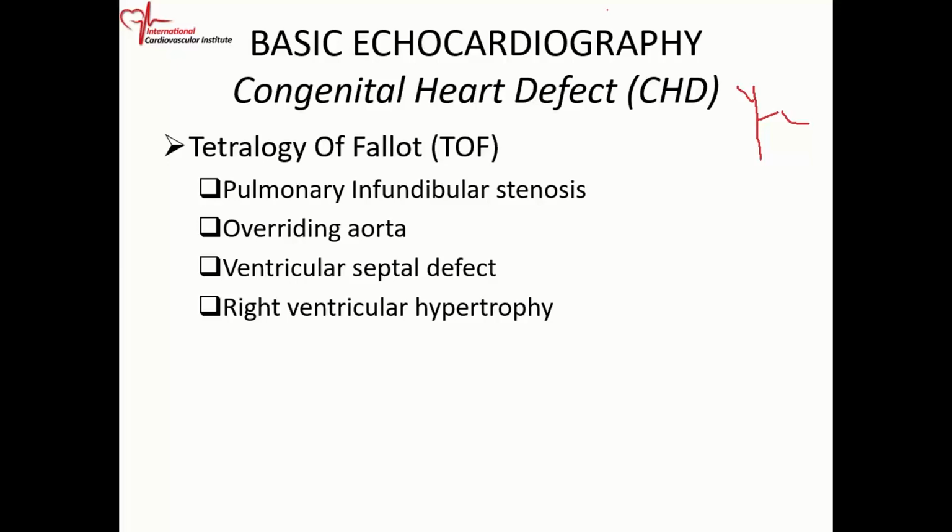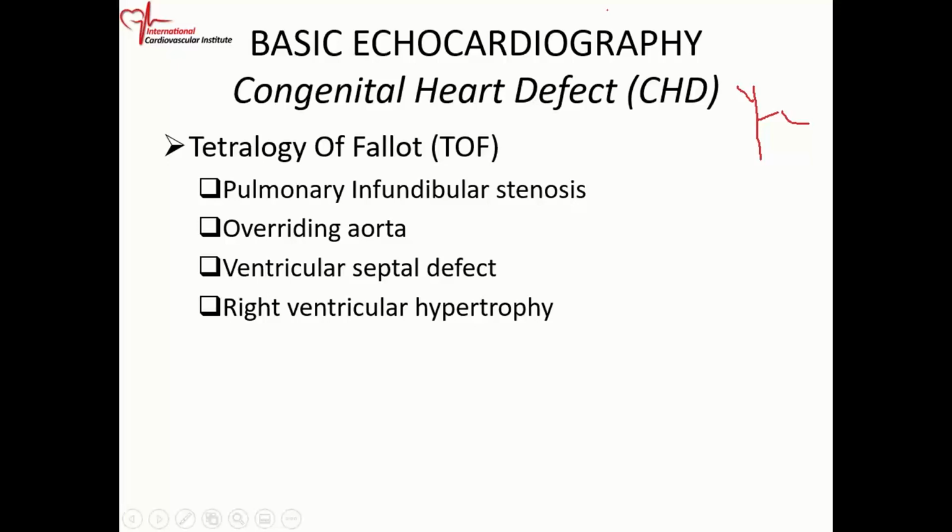So what is tetralogy of Fallot? Tetra means 4, okay? And, you know, some people talk about the pentalogy of Fallot, but you'll see mainly tetralogy of Fallot. So there's four abnormalities. One is pulmonary infundibular stenosis.